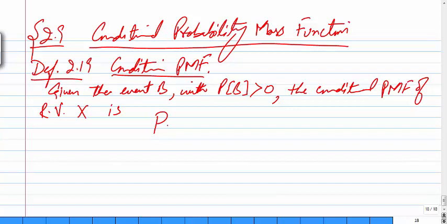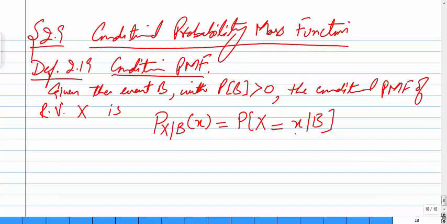This is the PMF, and for conditional we put a straight line with B, which is the condition on X. This is known as the conditional PMF, equal to the probability that capital X equals small x given B. So we write the conditional probability of each x, and that is why we call it the conditional PMF.